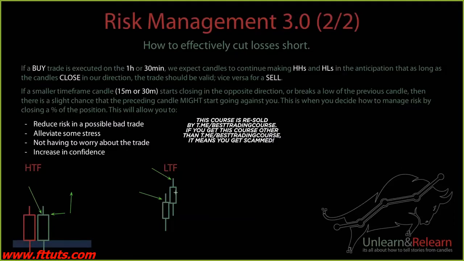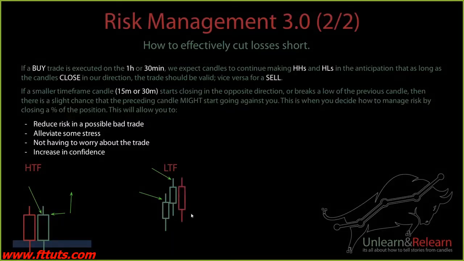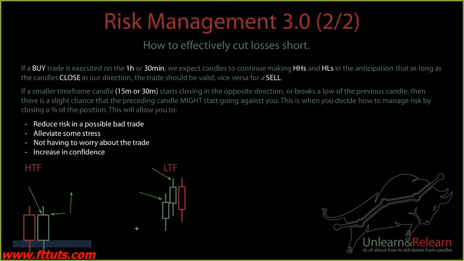Now, when you see this, you're like, okay, maybe if the next 15-minute candle goes bullish, that will mean the 30-minute candle has to go bullish. But sometimes you might have a 15-minute candle that starts breaking the low of the previous candles.